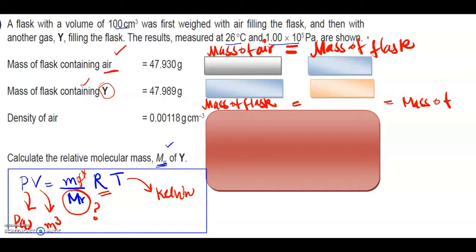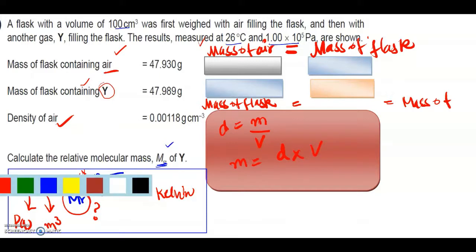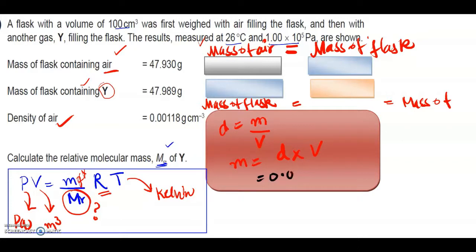So how can we calculate the mass of air? For this we are provided with the density of air. As you know, density is equal to mass per unit volume. So mass is D into V, as D is given here, 0.0018 gram per centimeter cube, and the volume of flask is 100 centimeter cube.